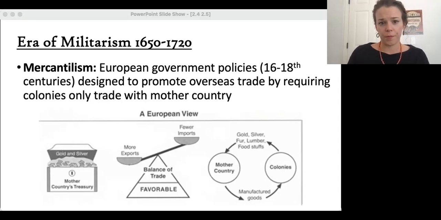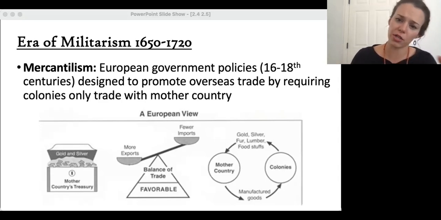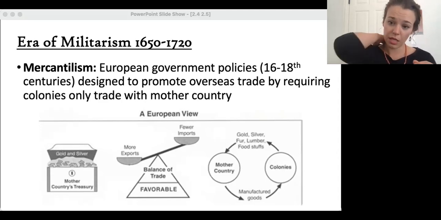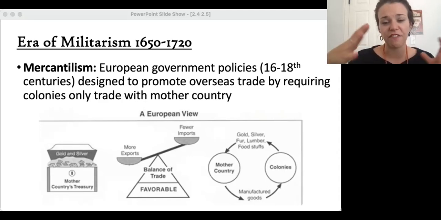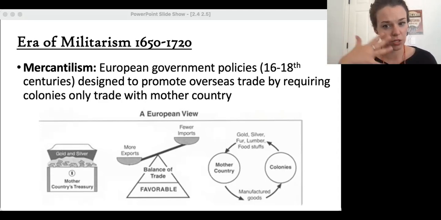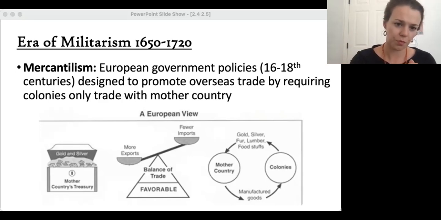So this is a series of European policies, not just applicable to the UK, but all of Europe, that is essentially an economic system between the mother country and the colony. The idea is basically to funnel all wealth to the mother country. So you always want to have a favorable balance of trade.